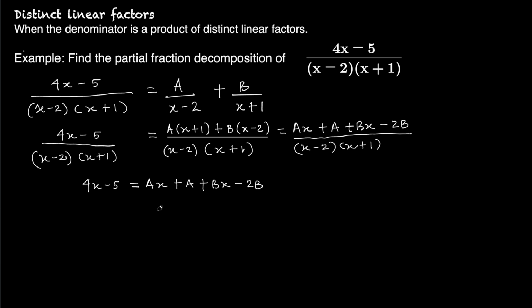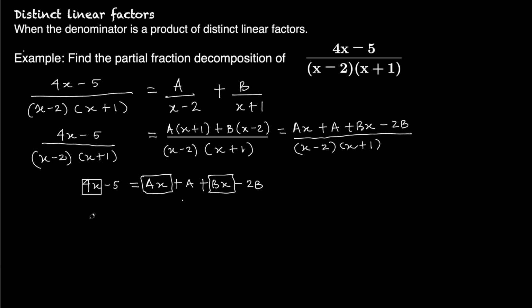Now, if they are equivalent, then we can equate the identical parts of this equation. That is, 4x minus 5 and Ax plus A plus Bx minus 2B means that we can take the x that we have here and tag it along with the Ax and Bx that we have here.